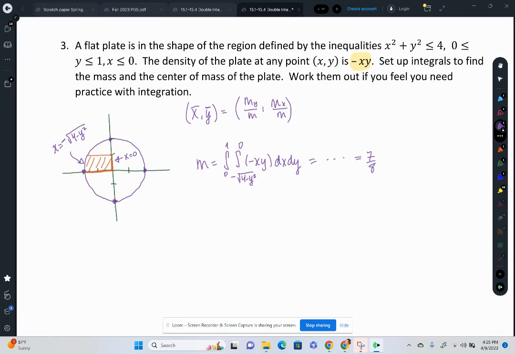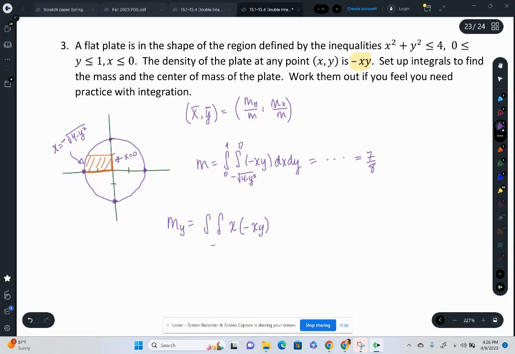All right, m sub y, that's another thing that we need. M sub y is equal to the same integral, but now we're going to take the density function and multiply it by x. So I have x times negative xy. My bounds are still the same, negative square root 4 minus y squared up to 0, and 0 to 1 for y.